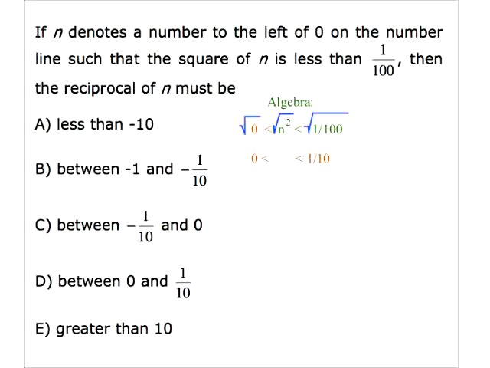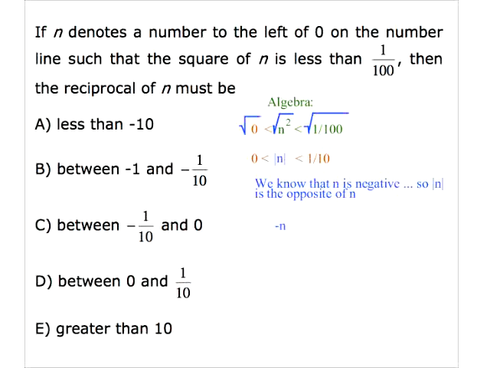You wind up with the absolute value of n. But because we know that n is negative, the absolute value is the opposite of n.